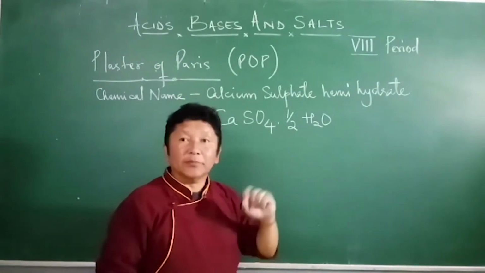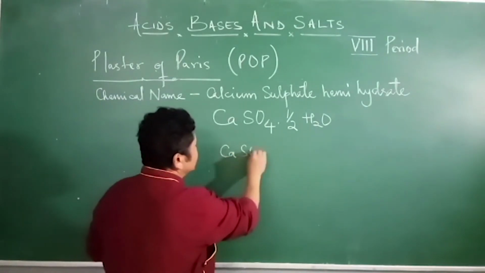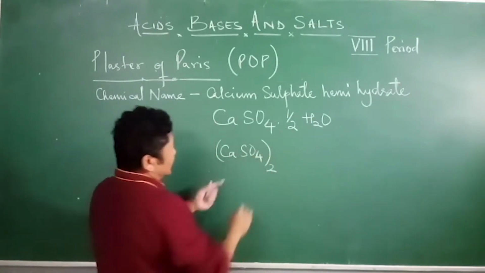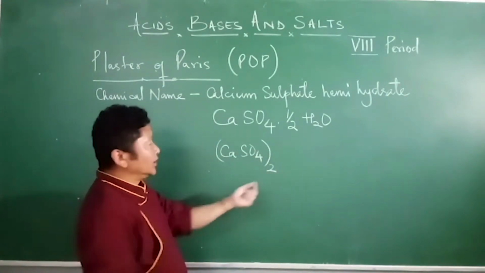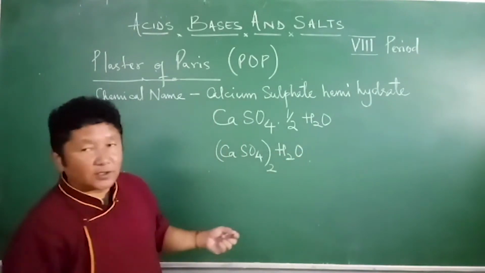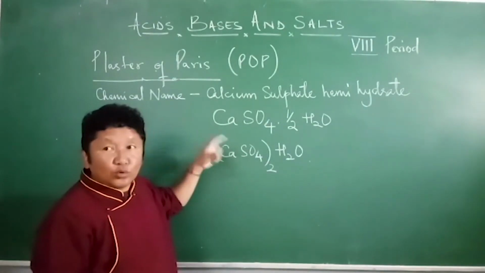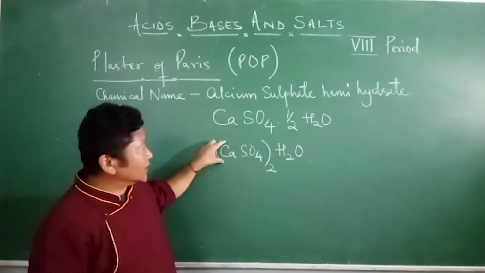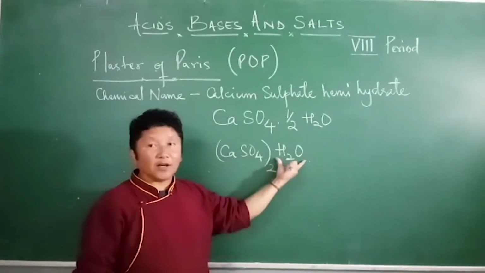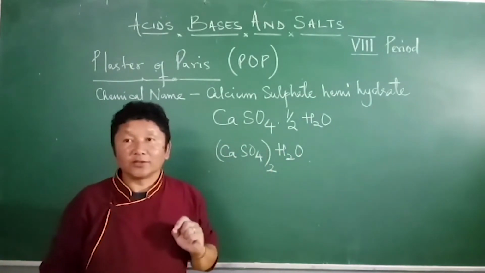The formula can be written as 2 calcium sulfate with one water molecule, H2O. That is called hemihydrate. Two compounds of calcium sulfate share a single water molecule.